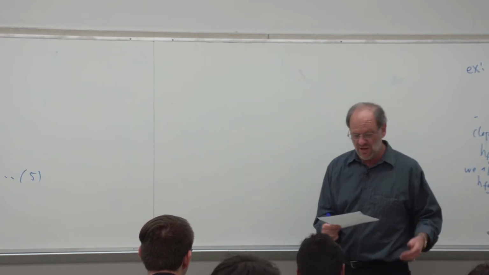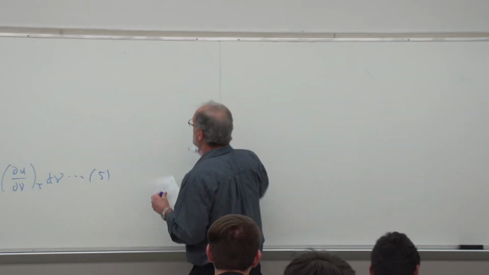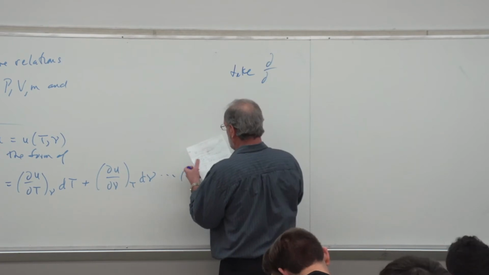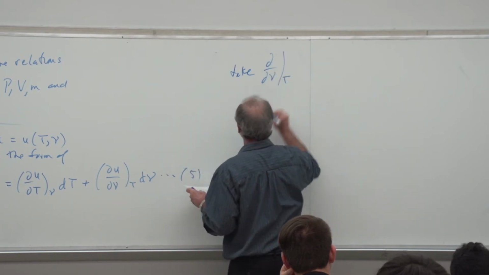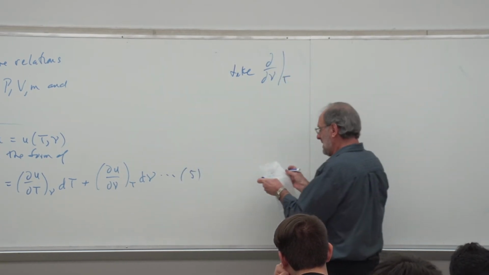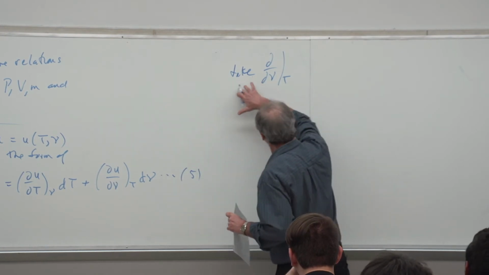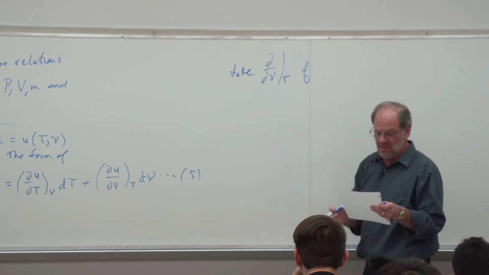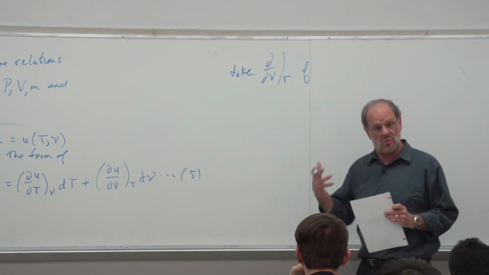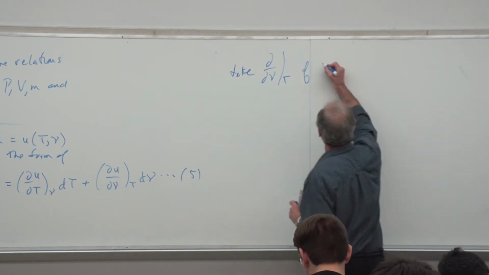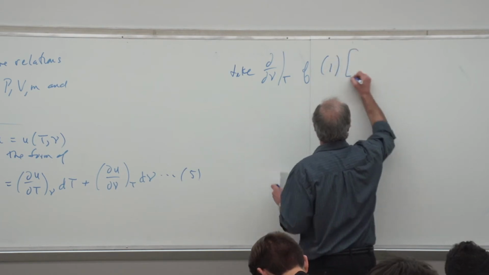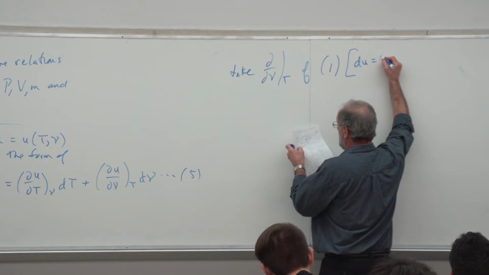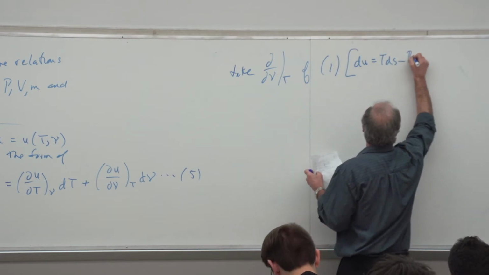But nonetheless, we start at this particular equation, and then what I want to do is take its partial with respect to v holding t constant. Actually, I want to take the partial with respect to v holding t constant, not of this equation, but of equation 1, which was the first of our TDS relations. So equation 1 is du equals TdS minus PdV.